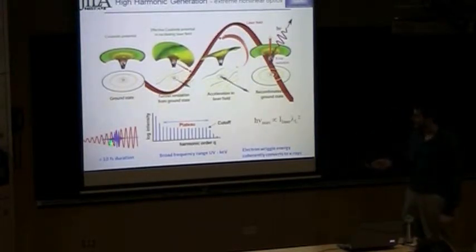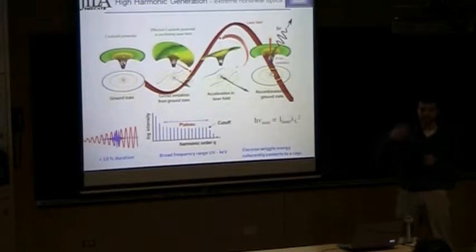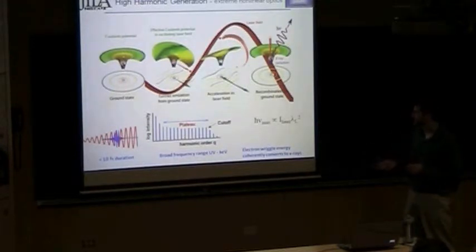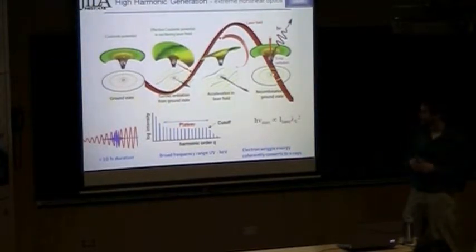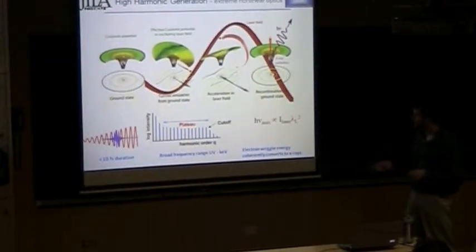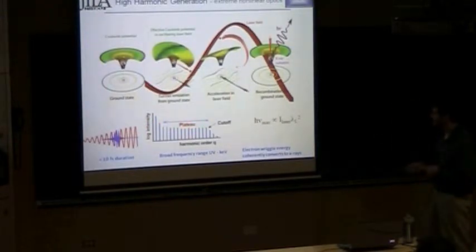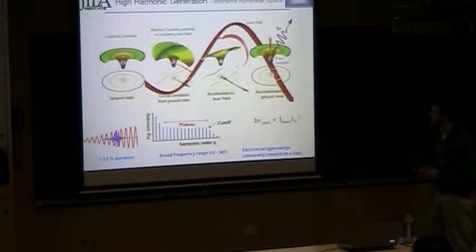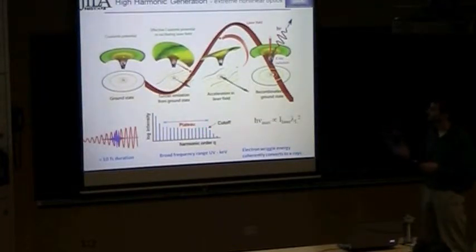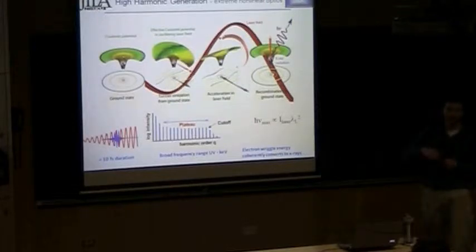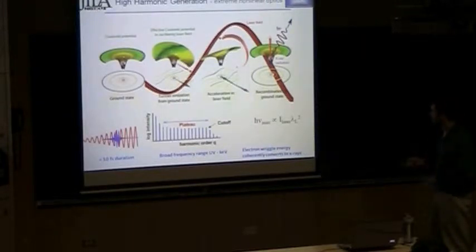And if you think about what the Fourier transform of a periodic train in time is, in frequency, you're going to have a periodic train of harmonic peaks. And because this is well out of the perturbative regime, it ends up being something like a plateau, pretty flat intensity as a function of harmonics, up to some cutoff energy, which is the highest photon energy, the highest amount of energy that this electron can gain while it's oscillating in this laser field, which scales like the laser intensity times the driving laser wavelength squared.